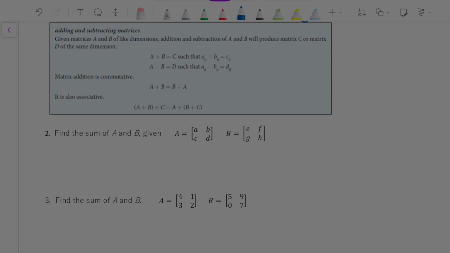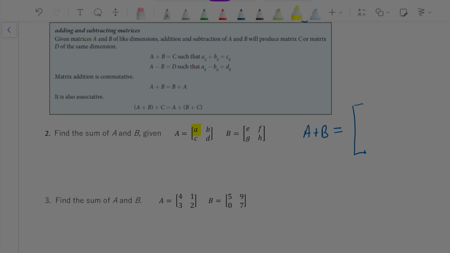When you're adding or subtracting matrices, you have to do it component-wise. So for every entry in the first matrix, you have to have an entry in the second matrix. In other words, they have to be the same size or you can't add or subtract them. So right here, in example 2, if I'm trying to do matrix A plus matrix B, they have to be the same size because each entry gets paired up.